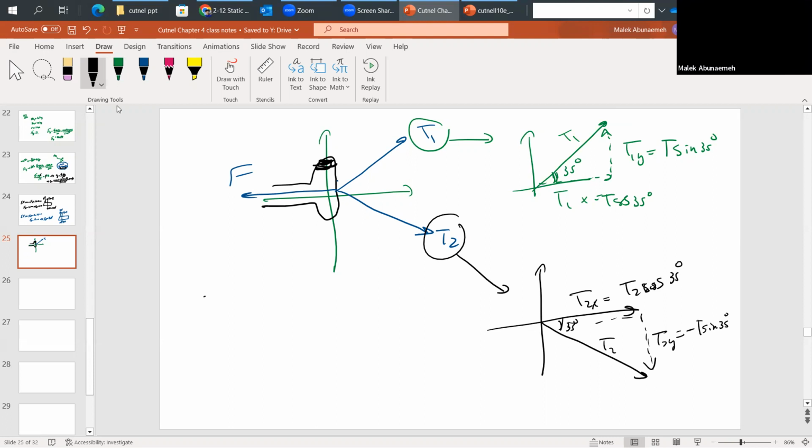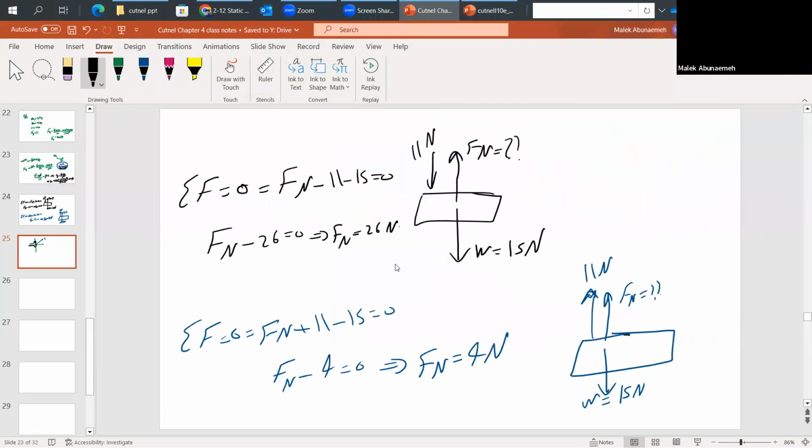That means your sigma F in the x direction is going to equal 0. What are we going to have? You're going to have T1 cosine 35 degrees plus T2 cosine 35 degrees. Yeah, they're both 35.